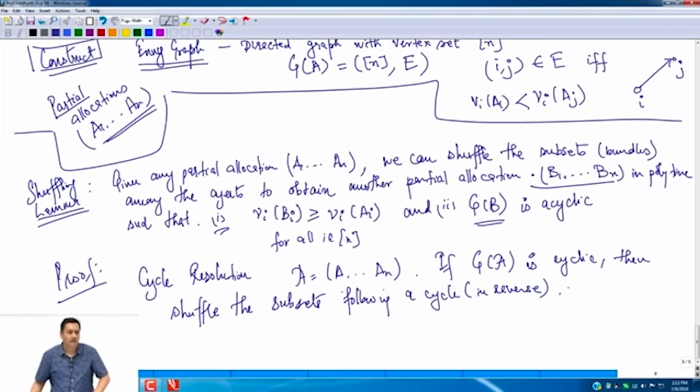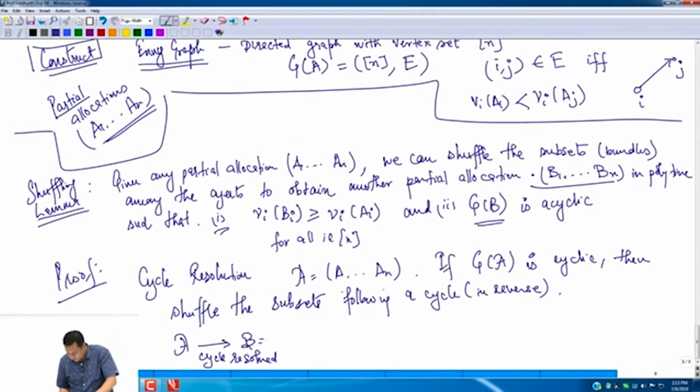This is the idea, and I'll leave it as an exercise for you to argue that whenever you do this, you started with A, you did this resolution, you got some other new partial allocation B. If you look at the NV graph of this new partial allocation B, the number of directed edges would have decreased.